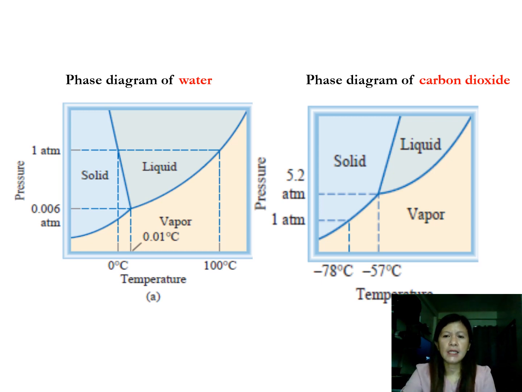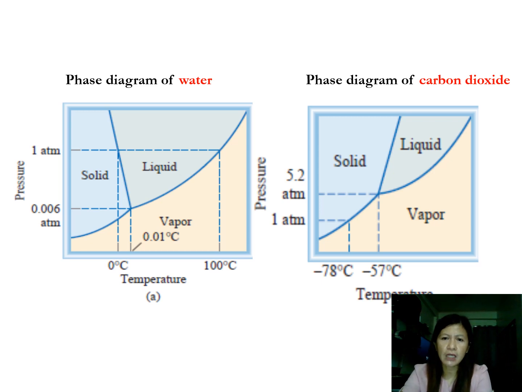Pero in these normal conditions, 1 atm, the physical state of carbon dioxide is solid. But if water is solid at 0 degrees Celsius, carbon dioxide is solid not at 0 degrees Celsius but far below 0, which is negative 78. So at normal pressure of 1 atm, carbon dioxide is solid, but at a very low temperature of negative 78.